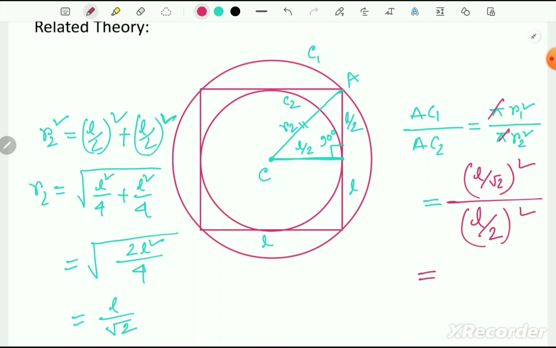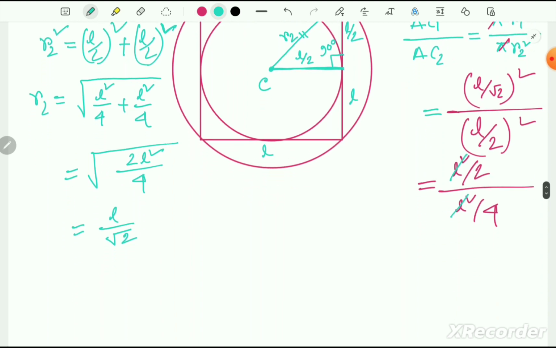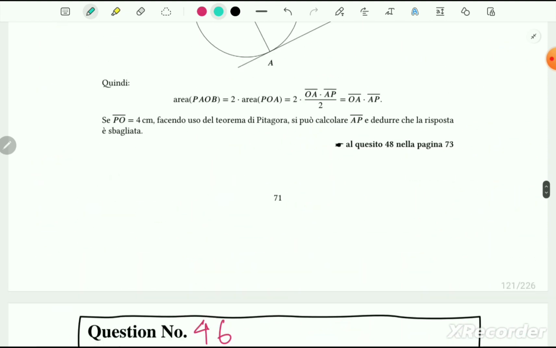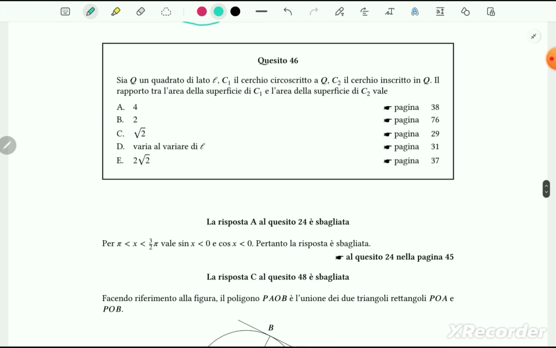So L square from both sides, from up it becomes 2, so from up and down we can cancel L square, therefore it remains half and 4, 2. So our answer is 2, option B.